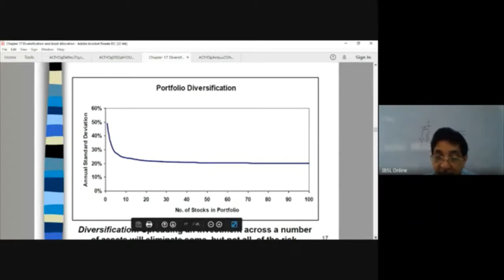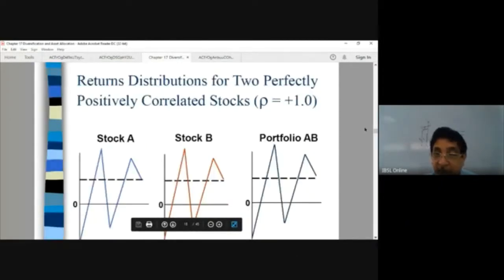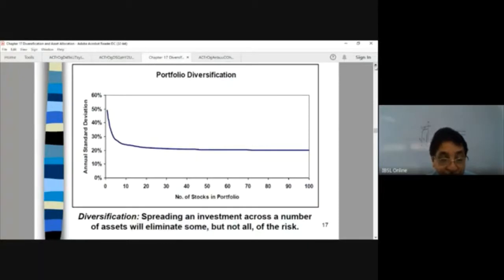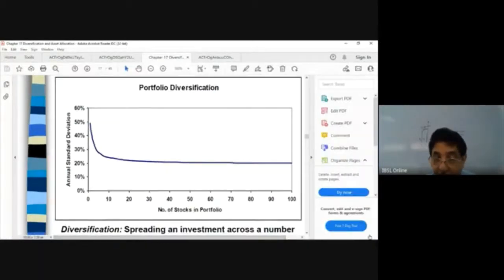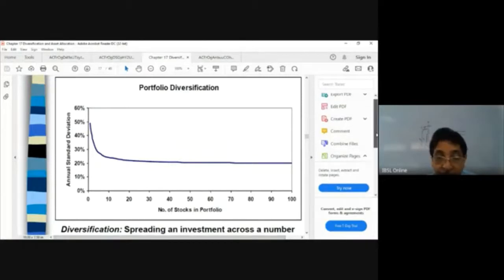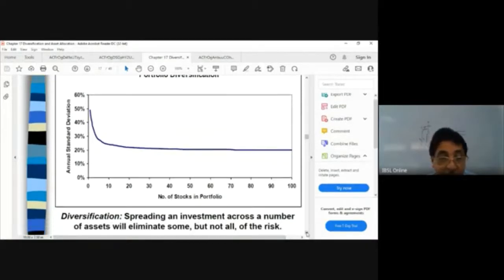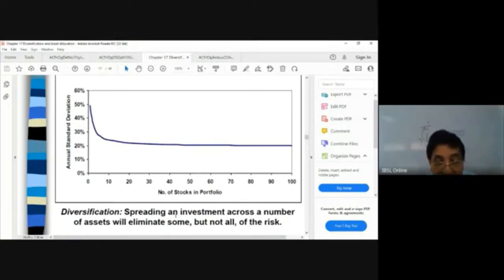Right, now it mentions here diversification: spreading an investment across a number of assets will eliminate some but not all of the risk. If an investor invests in one asset, he has to accept that asset's risk.